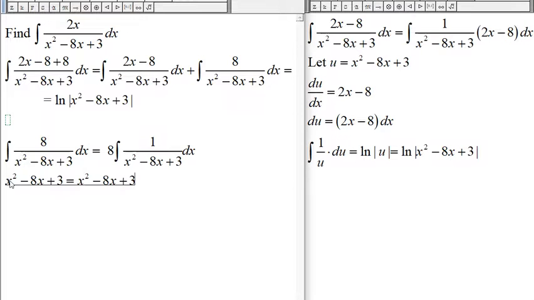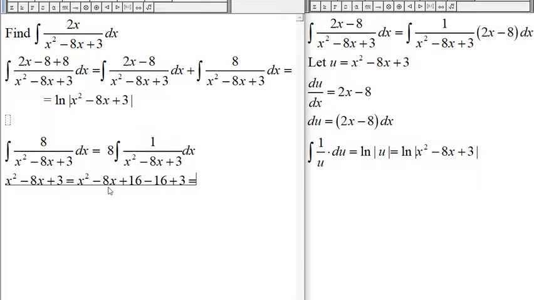So half of negative 8 is negative 4, and then negative 4 squared is 16. And so we'll add 16 and subtract 16, so we're adding 0.